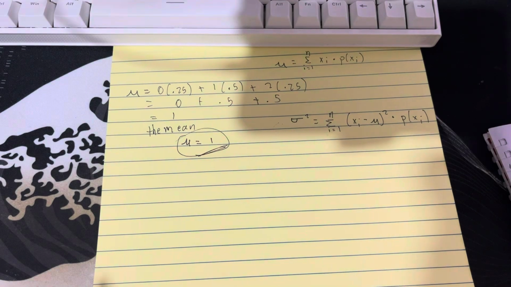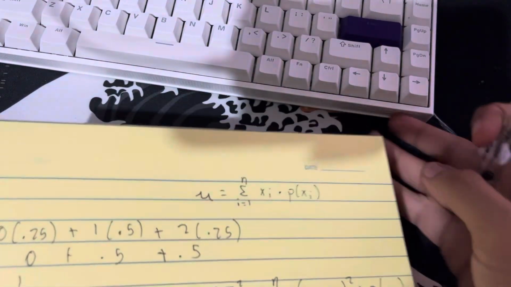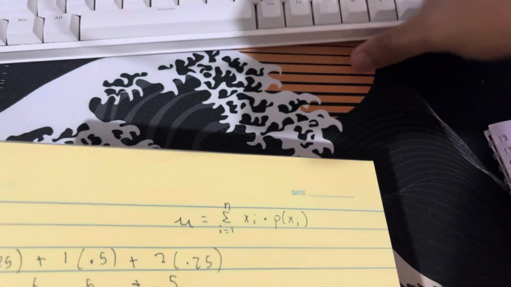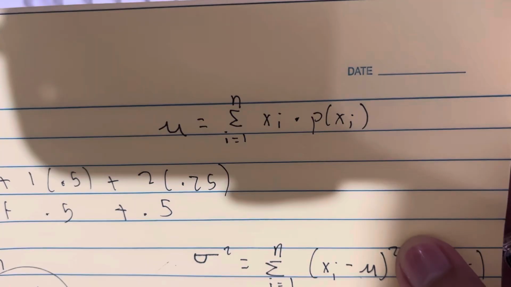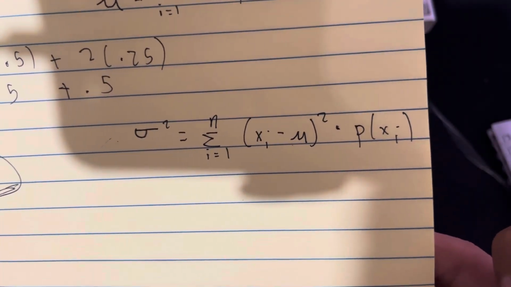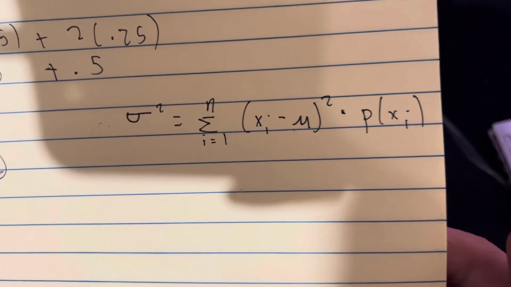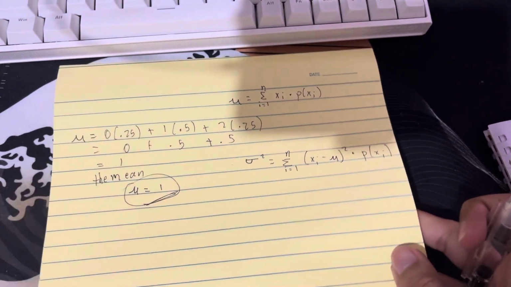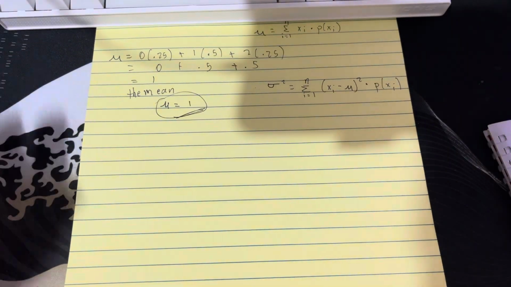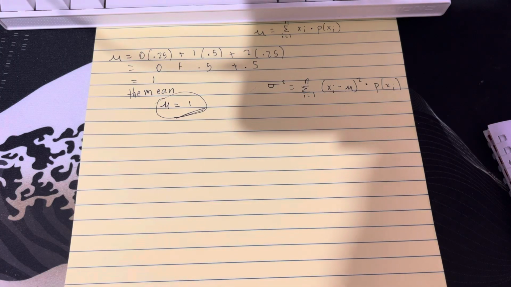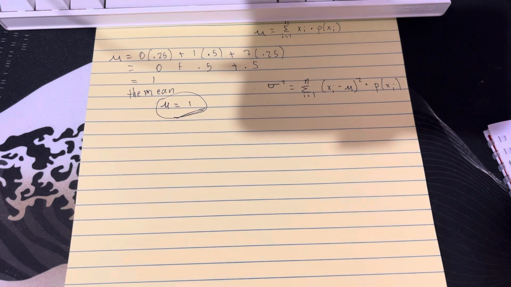So again, the formula for the mean is this. The formula for the mean is this. And then the formula for variance is this. And basically what gets added is just minus mean squared. So make sure to remember that.